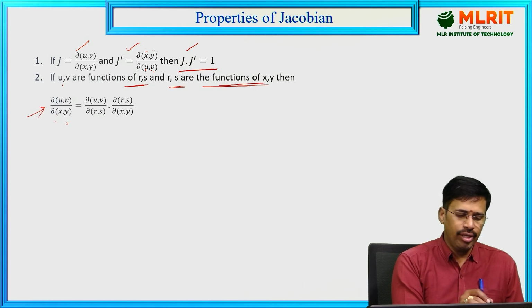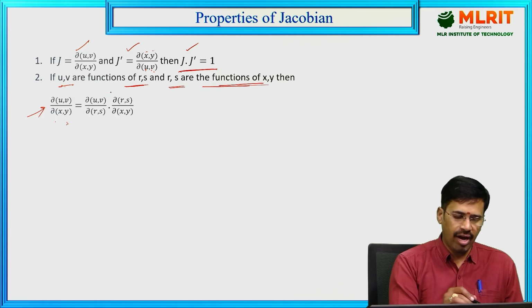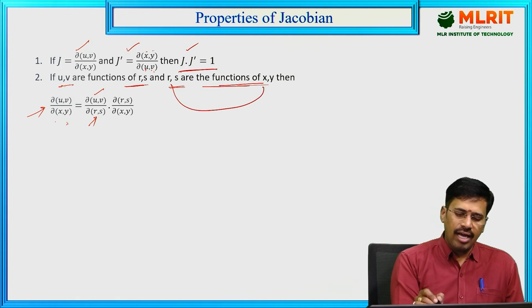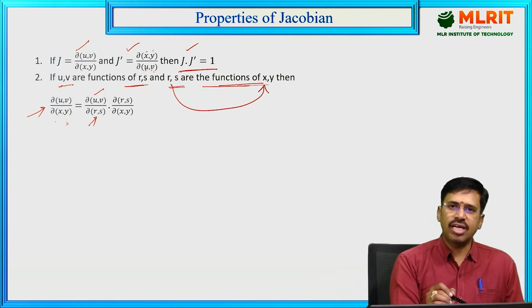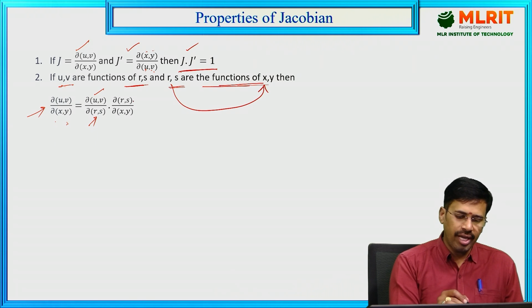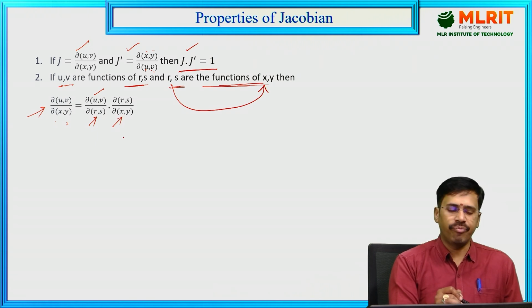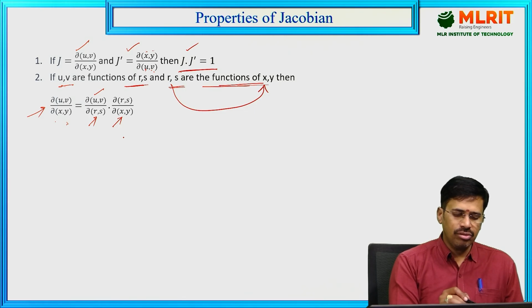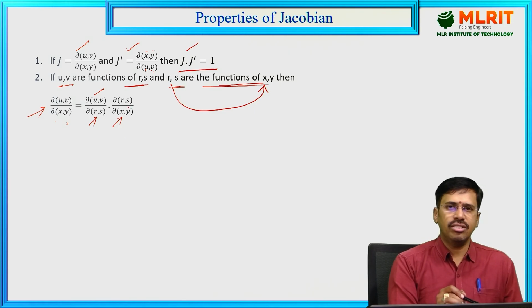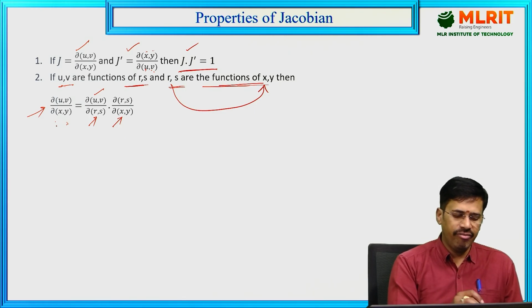But actually u and v are functions of r and s, so I can write dou u comma v with respect to dou r comma s, and again r comma s are functions of x comma y, so we write the Jacobian as dou r comma s by dou x comma y. So for functions of functions, we define the Jacobian of two functions like this.